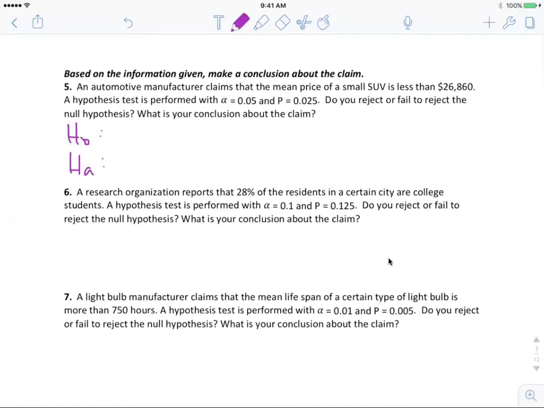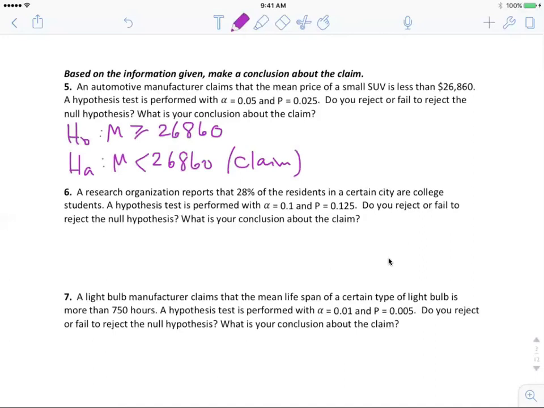Mean less than 26,860 will be an H sub A. H sub 0 has to be the opposite. Okay. The claim is the HA in this case. This will be a two-tailed test. I mean, left-tailed test because it's less than.